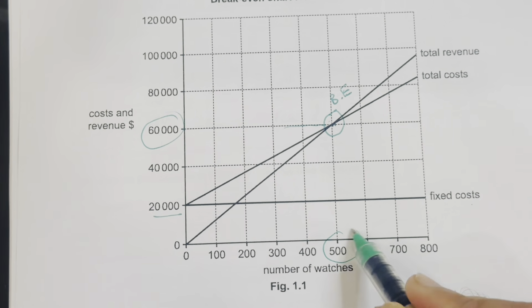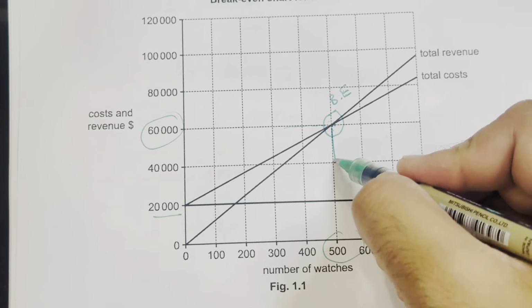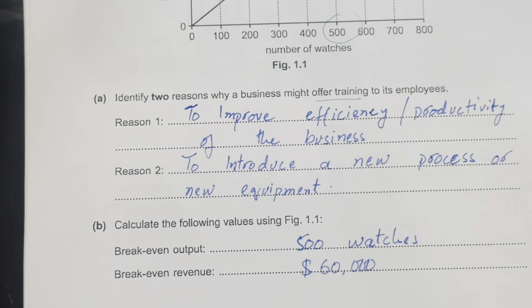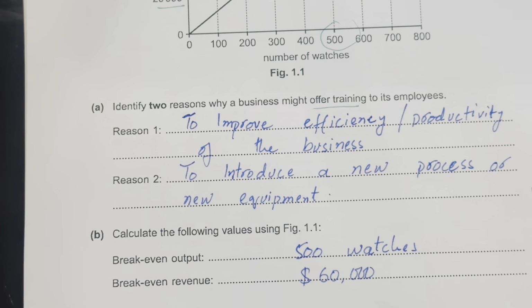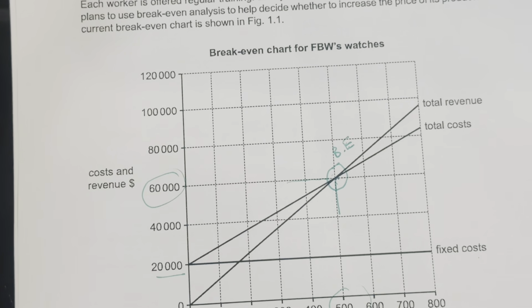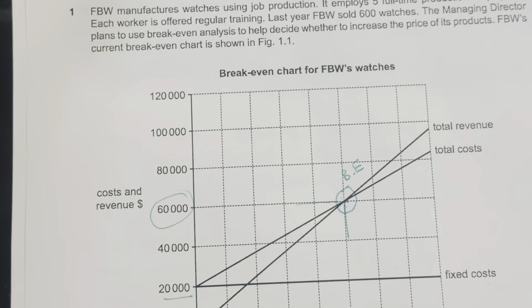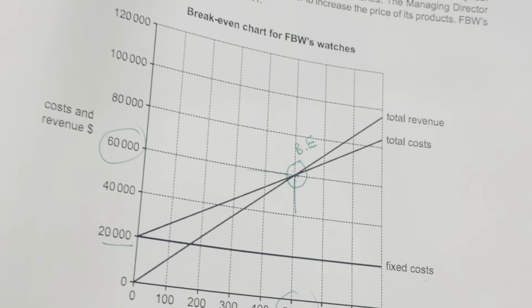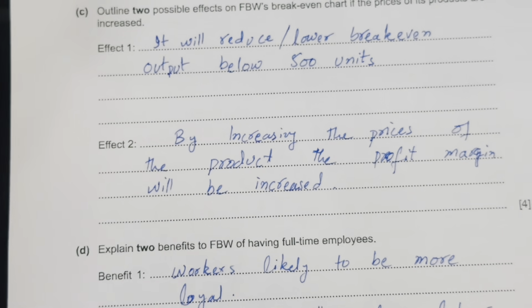So we write here: break-even output is 500 watches, and break-even revenue is $60,000. Break-even is the point where total revenue and total cost cross each other. Every company desires to achieve this point as early as it can.